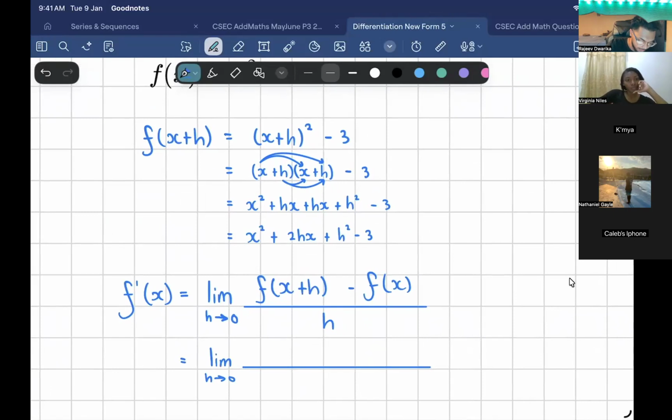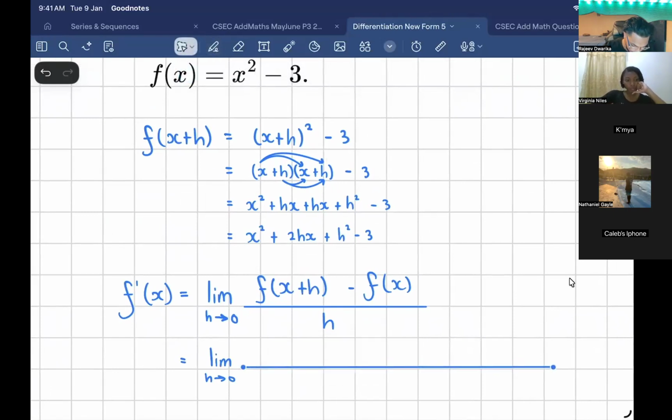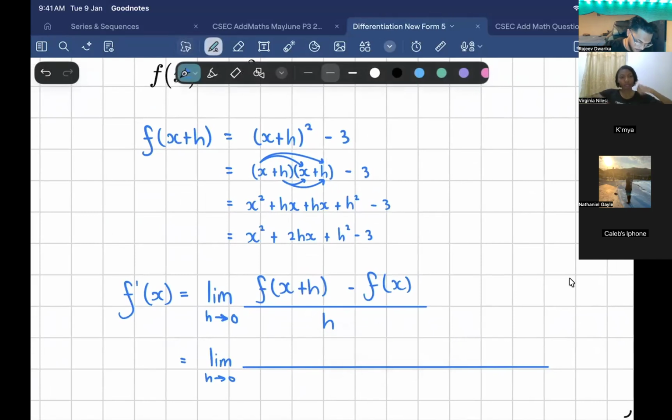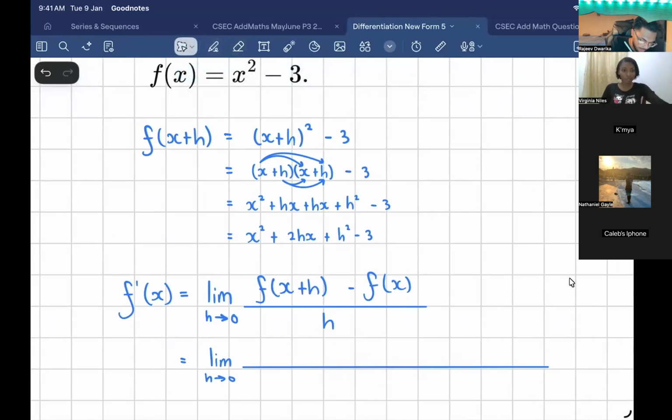So what should I write for f of x plus h? What did we just find f of x plus h to be? We worked that out. We plugged x plus h into the function and we simplified it. So what does f of x plus h equal?